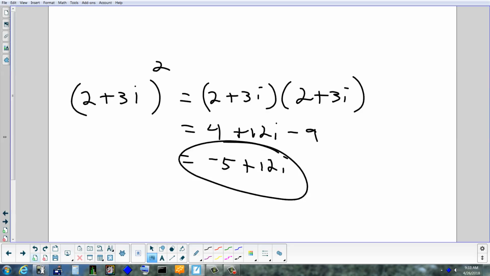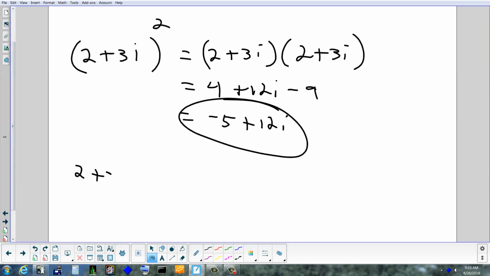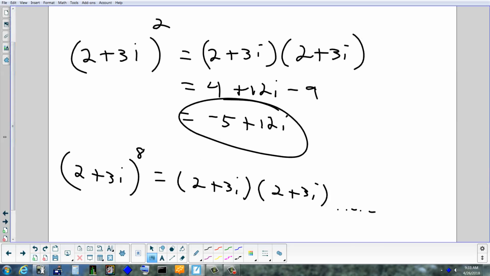Now, if I wasn't talking as I went through that, I could probably do that in maybe 10 seconds or so. Just FOIL it real quick, combine like terms without saying anything. Now, if you wanted me to do this to the 8th power, that means I have to write out 8 copies of 2 plus 3i and FOIL each one of them one at a time.